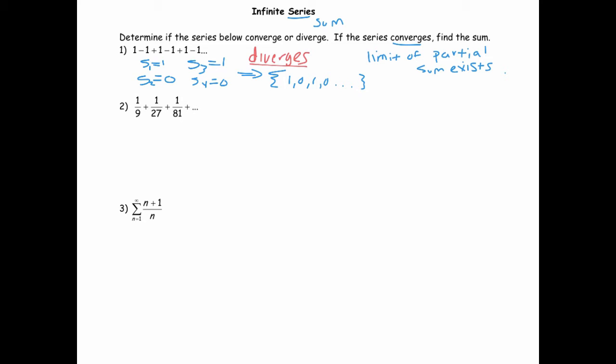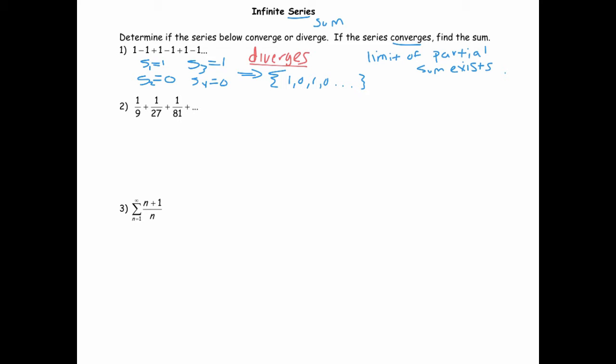Let's look at the second example. We've got 1/9 plus 1/27 plus 1/81. So it looks like the terms are getting smaller, but it also looks like we're multiplying by the same constant every single time. So to get from 1/9 to 1/27, we're multiplying by a third, and from 1/27 to 1/81, we're multiplying by a third again.